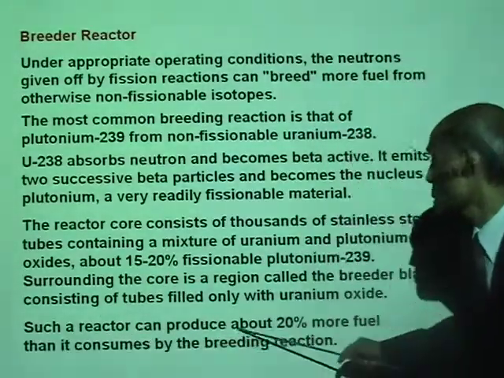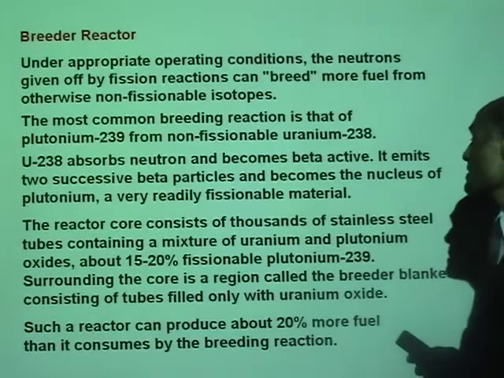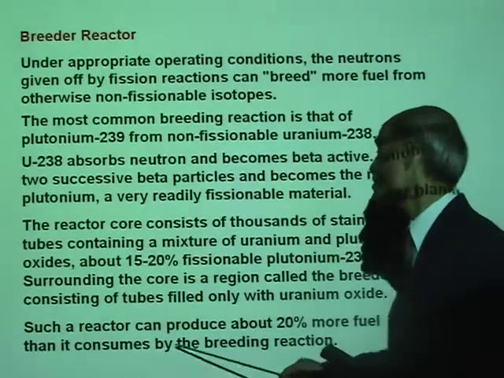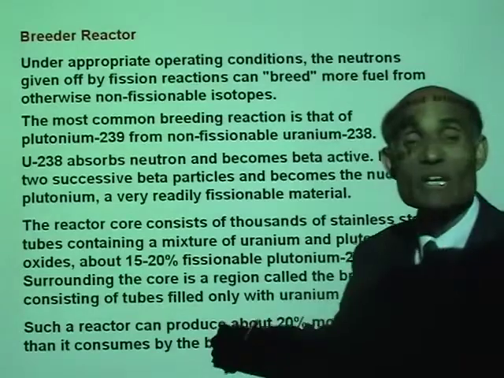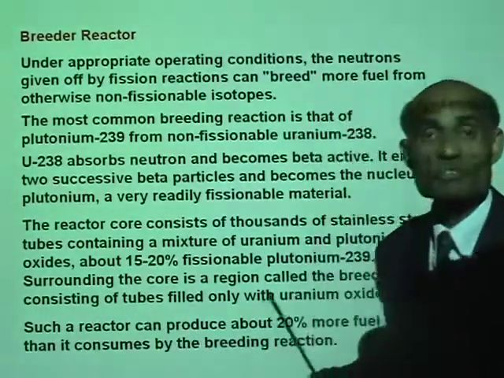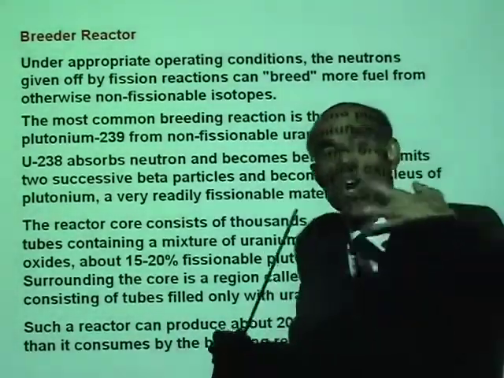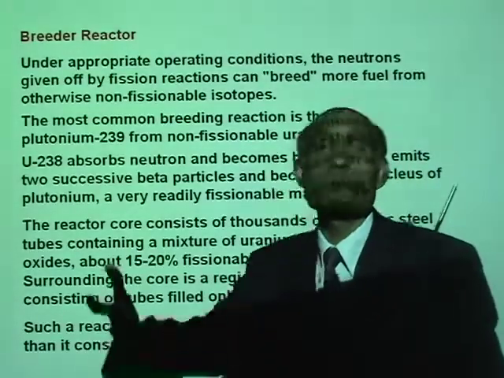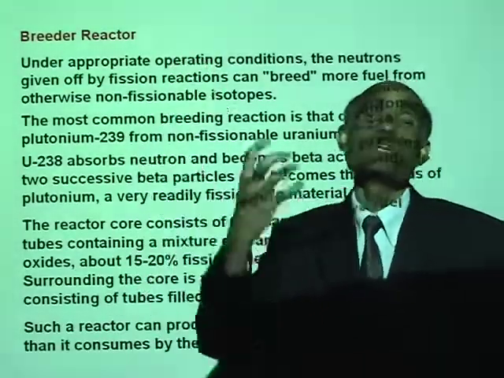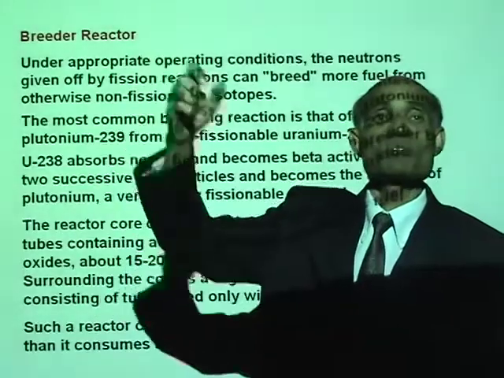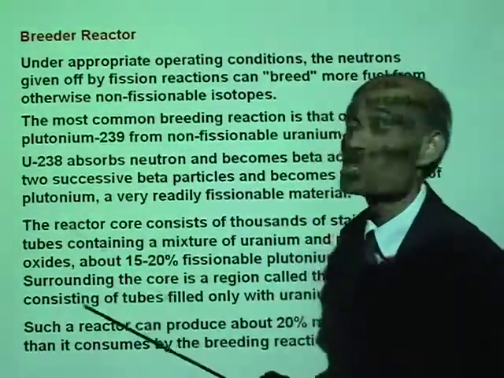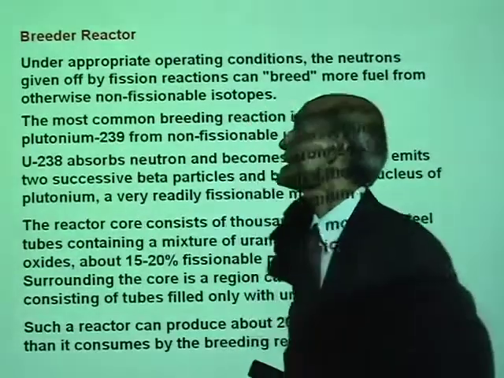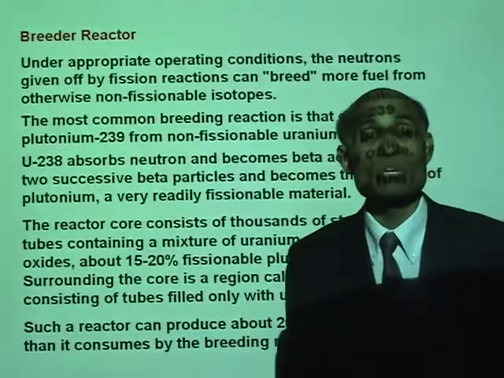Such a reactor can produce about 20% more fuel than it consumes by breeding reaction. That means as this reactor keeps on consuming fissionable material, it keeps producing more fissionable material. It produces more fissionable material than it consumes, and such a reactor is a breeder reactor.